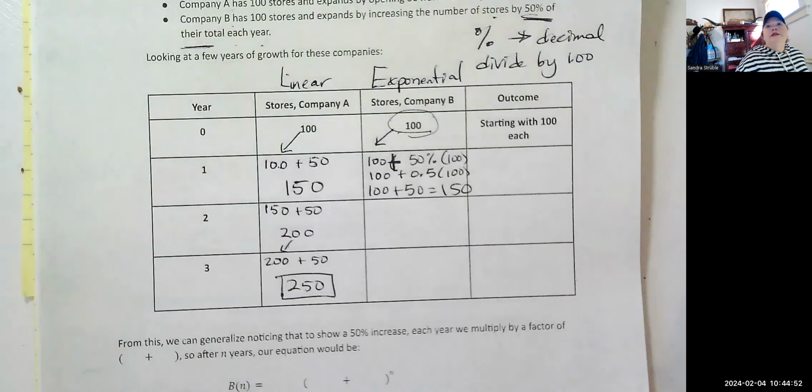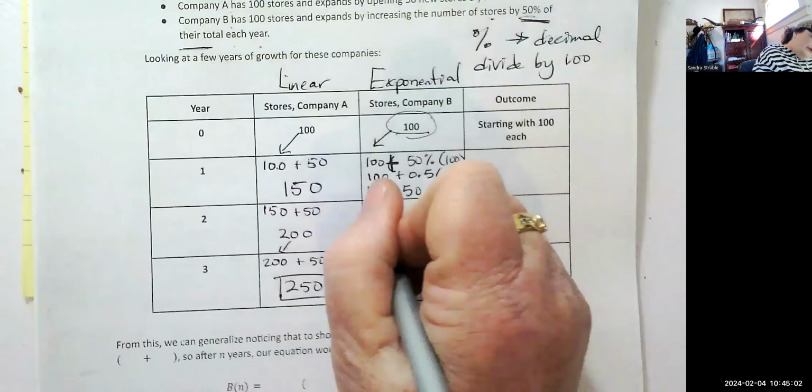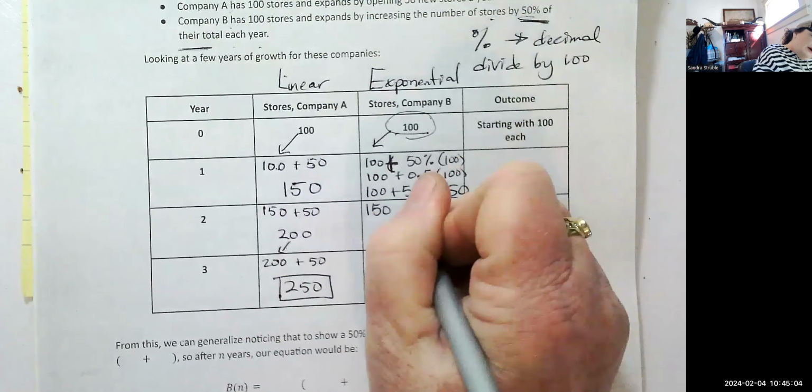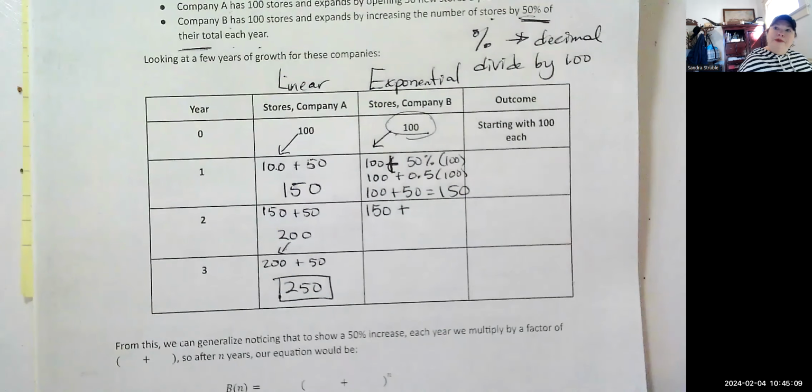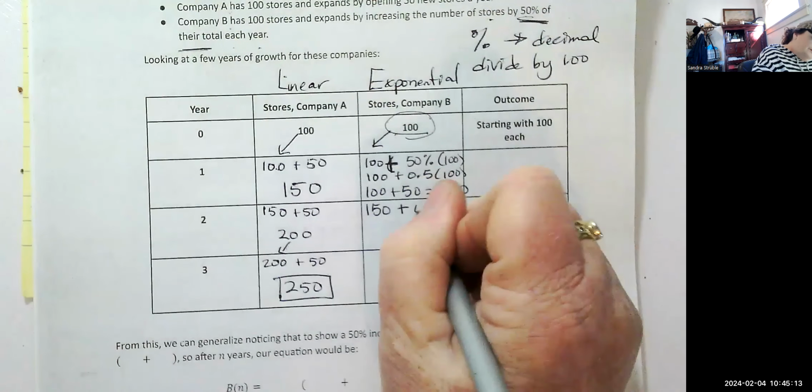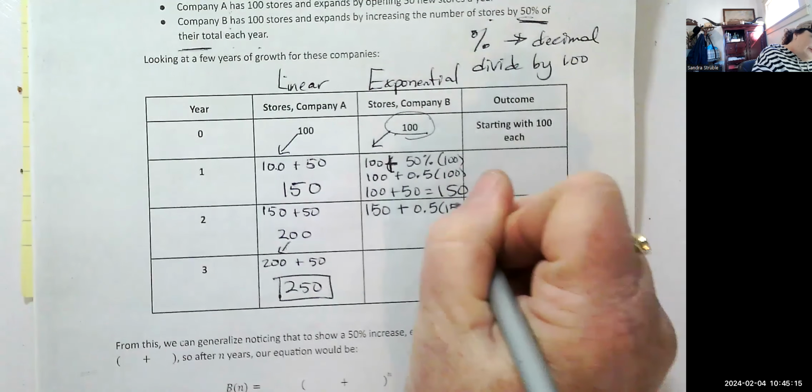Okay. Now, year 2, it's going to start off with the number of stores we had at the end of year 1. So we're starting off with 150 stores, and we're going to add 50% of that 150. So I'm going to go ahead and use the 0.5 that we've already calculated times 150.